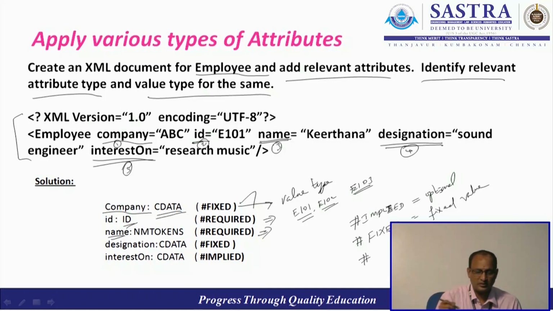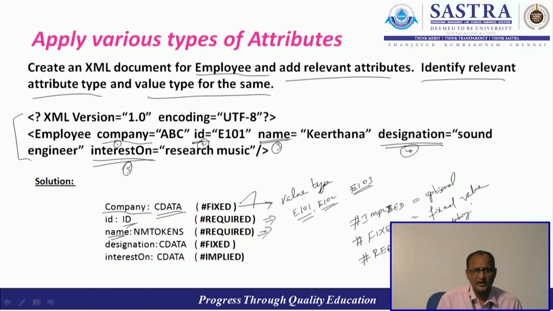Then another type, #REQUIRED. The #REQUIRED is mandatory. When I enter #REQUIRED for an attribute, it means that it is a mandatory attribute. We should not skip that value for an attribute.